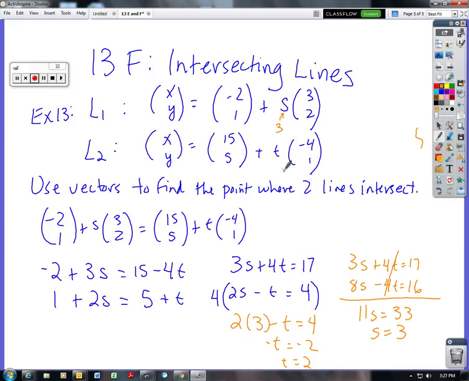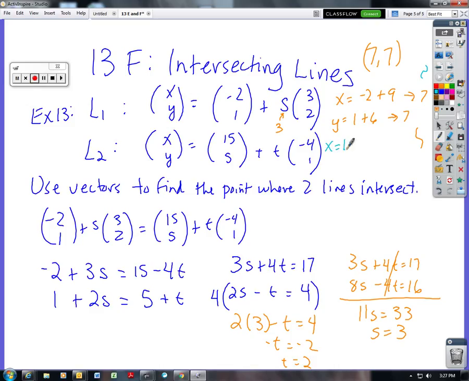So if I do that, x will equal -2 plus 9, which is 7. And then y will equal 1 plus 6, which is also 7. So I get the point (7, 7) if I use s. Just to check, let's also use t on the bottom one and make sure we get the same result.